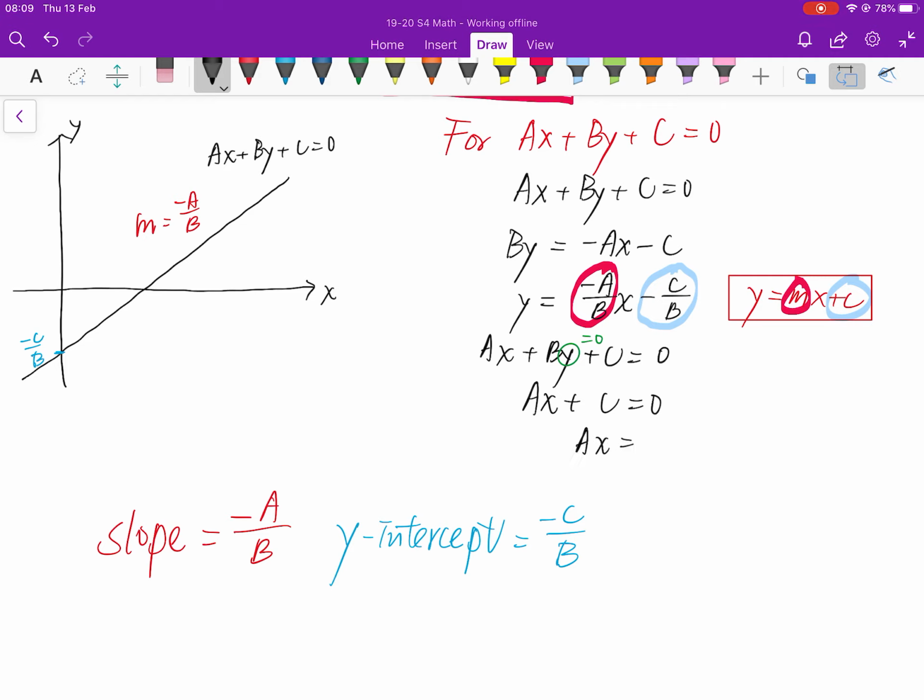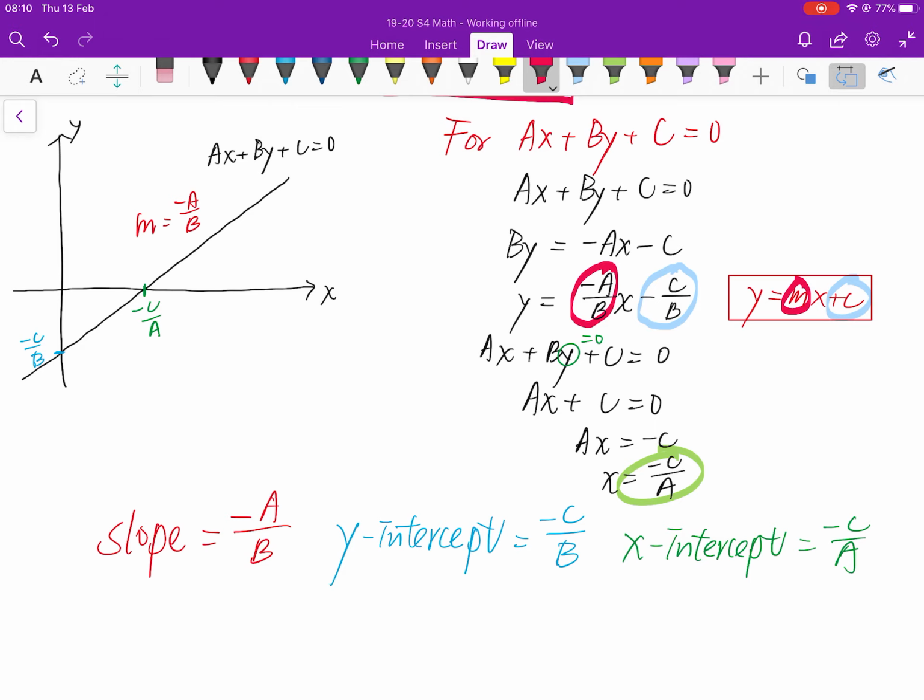Ax equals negative C, and x equals negative C over A. So this value is the x-intercept. We can mark it down: x-intercept equals negative C over A. Similarly, on the figure, the x-intercept is the green color, and I will mark negative C over A.